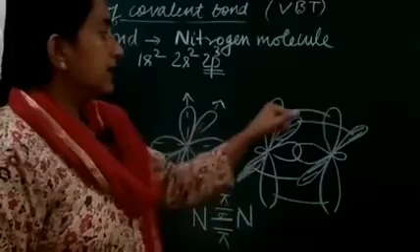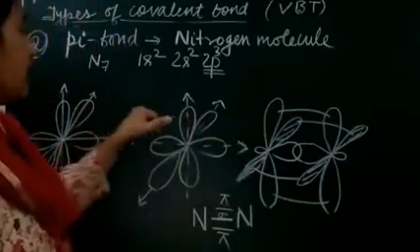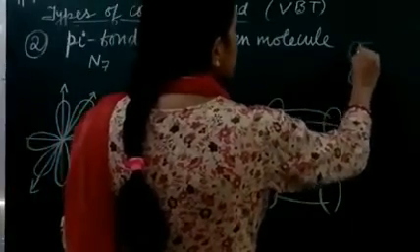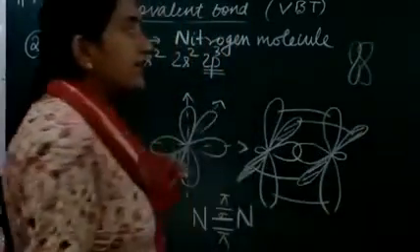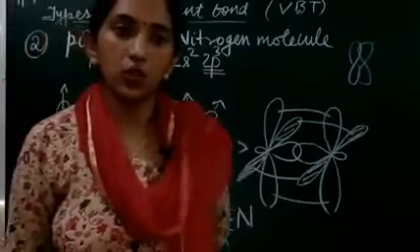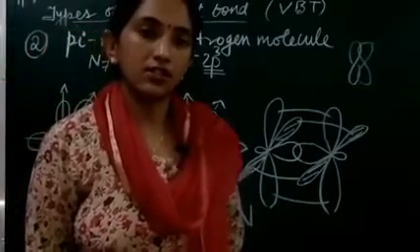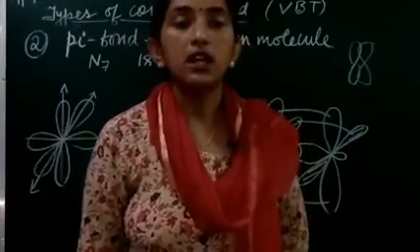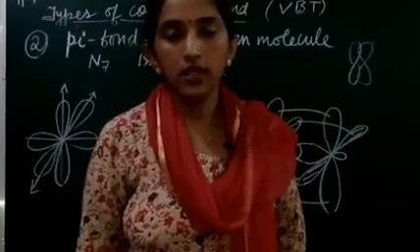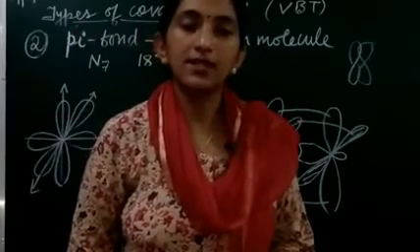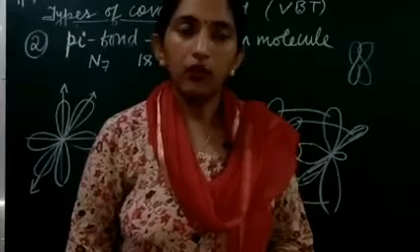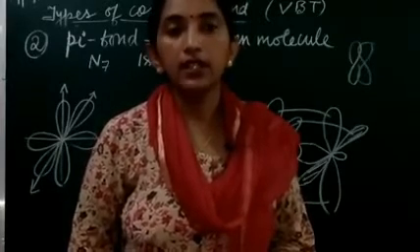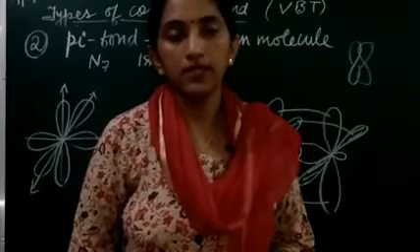You can see that sideways overlapping, the pi bond overlapping, will always have a restriction, whereas the sigma bond doesn't have restriction. So the extent of overlapping is maximum in sigma bond formation. Therefore, the strength of the sigma bond is greater than the strength of the pi bond. This is the first point.